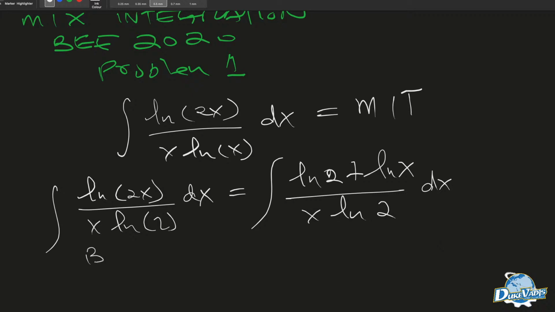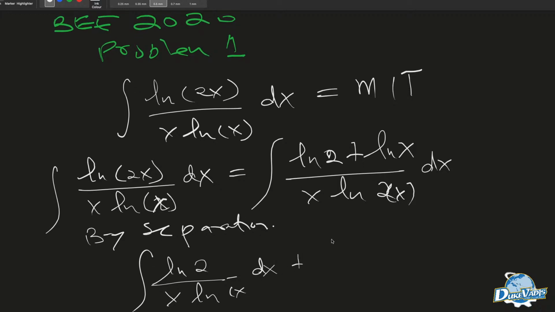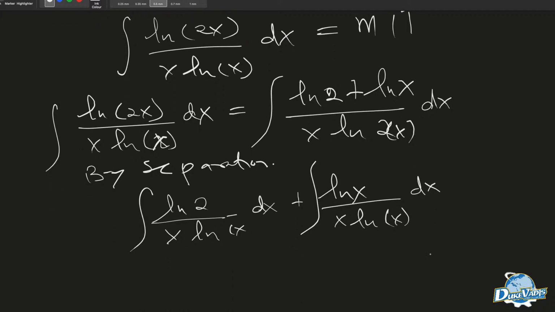Then by separation, my integration is going to be natural log of 2 all over x natural log of x, and the other one is natural log of x all over the same denominator x natural log of x, dx. So this has made things easier now.